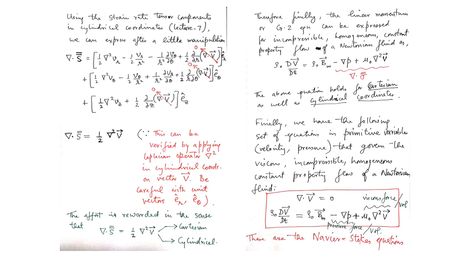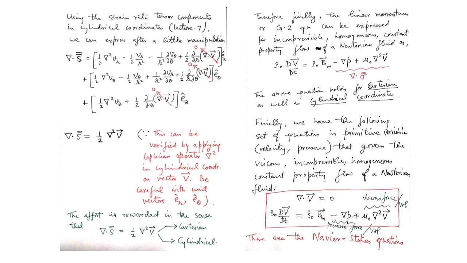Now I am skipping a lot of mathematics in between because I expect you to try and do it yourself. I have done it many times and I don't see any point in boring you with a lot of mathematics, which can be done at your leisure.